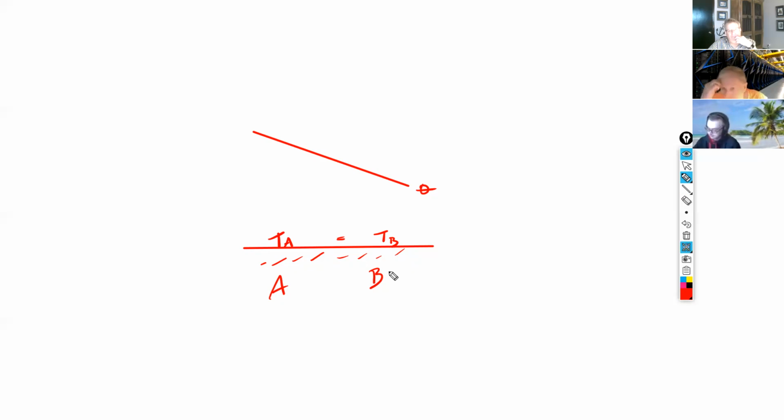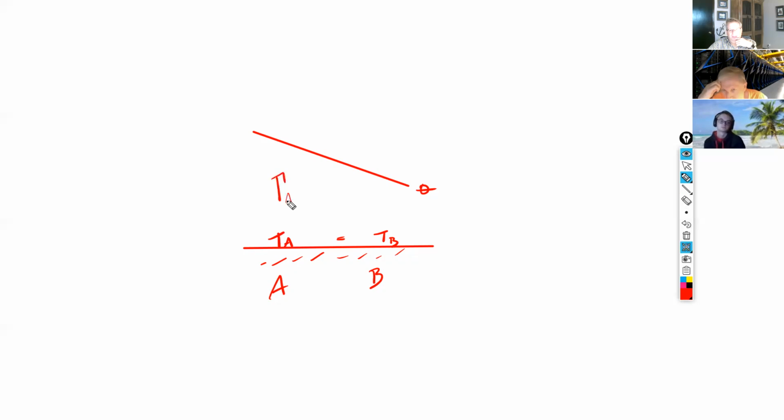B. Let's say it's 283. I have to go to the same temperature, but I have to go further. Which means I can't be warming up as quickly. Which means this is the lower lapse rate.